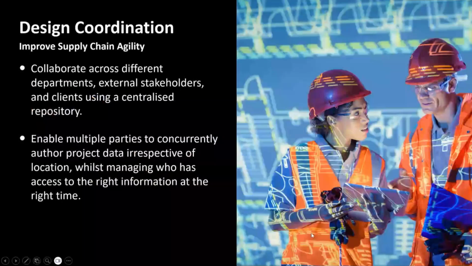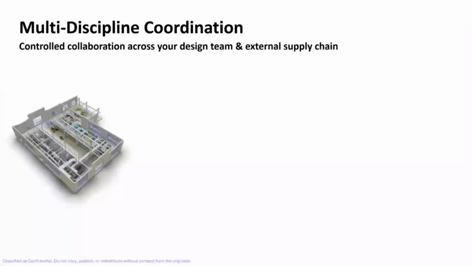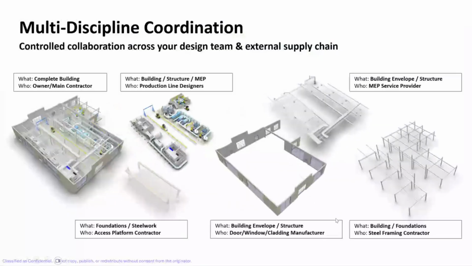Okay, design coordination. So the collaboration, multidiscipline coordination. We have buildings. Let's say we have a factory and then we have a lot of things. The owner usually has the complete building, and then what is inside is the aspect that we need to take into consideration: the building structure, the MEP, the foundations, the steelworks, the envelope, door, window, the MEP services, the steel framing contractor.